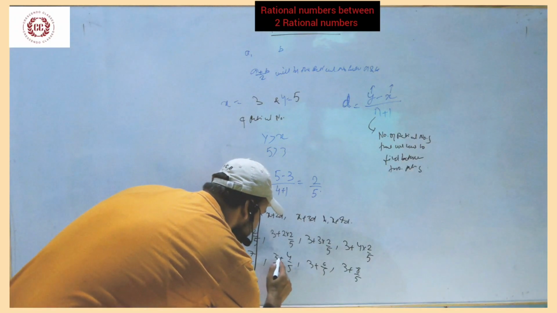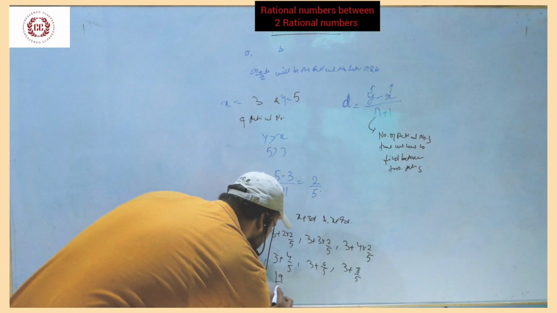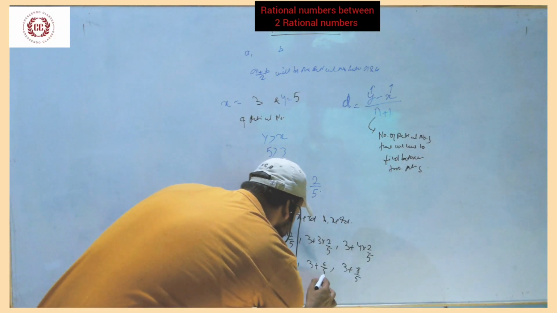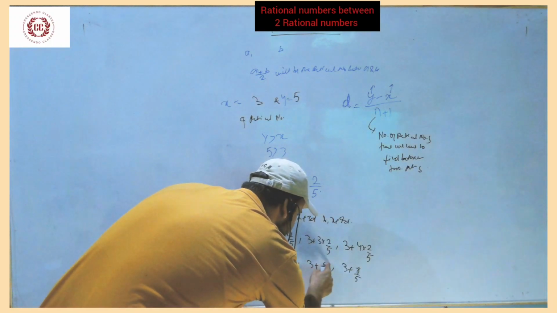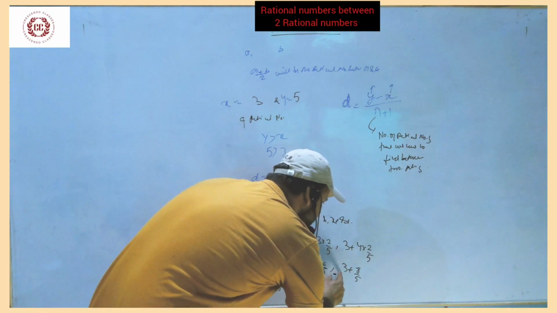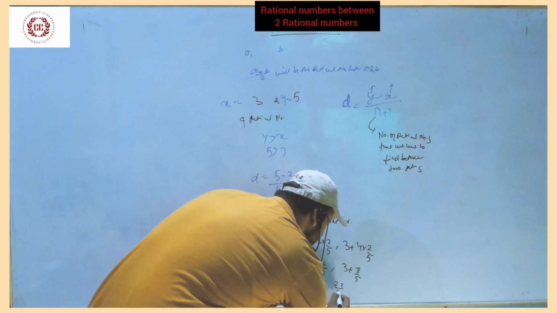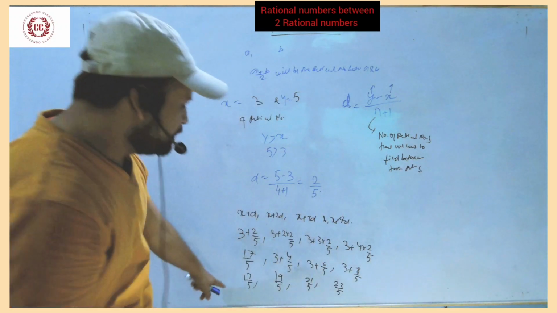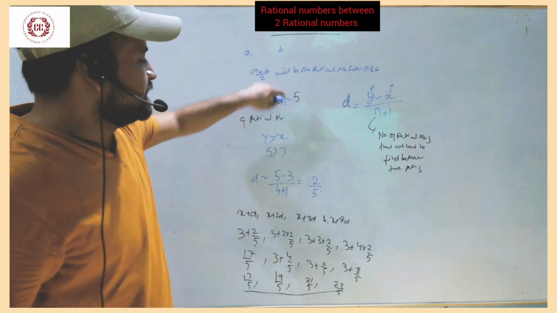Five 3s are 15, plus 4 is 19 upon 5. Five 3s are 15, plus 6 is 21 upon 5. Five 3s are 15, plus 8 is 23 upon 5. These will be the rational numbers between the two rational numbers.